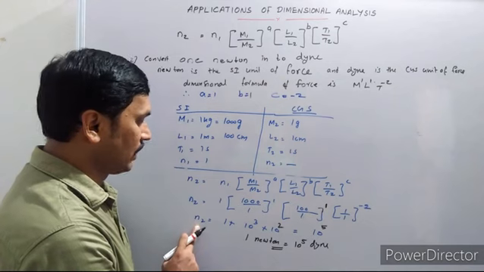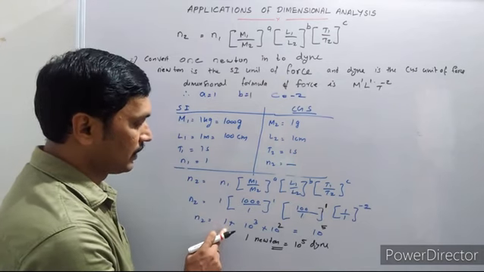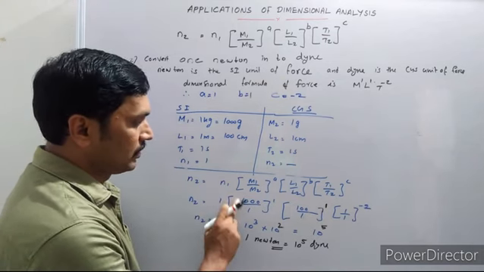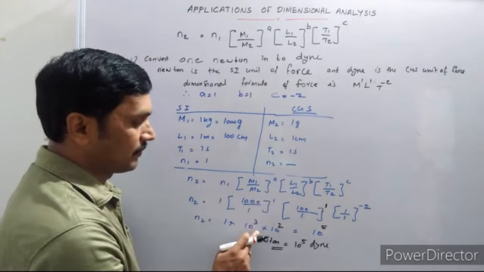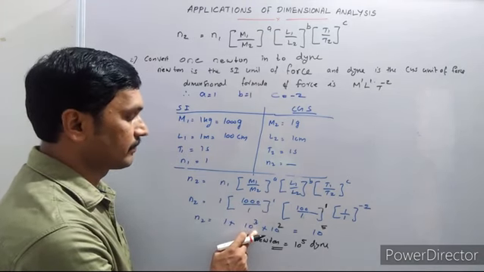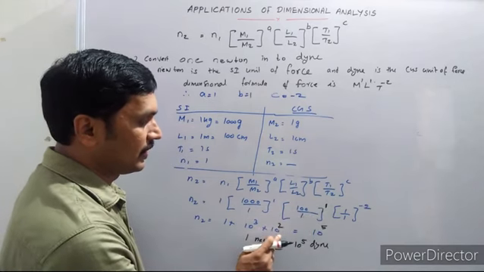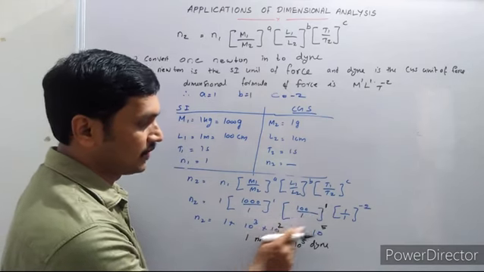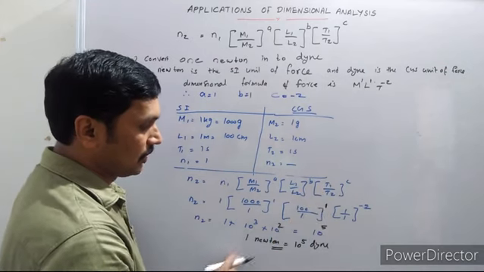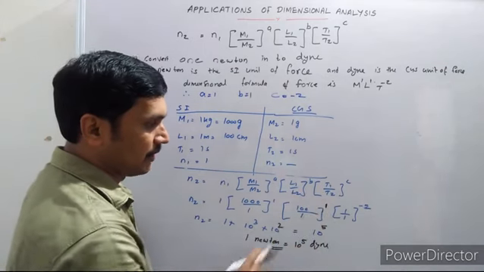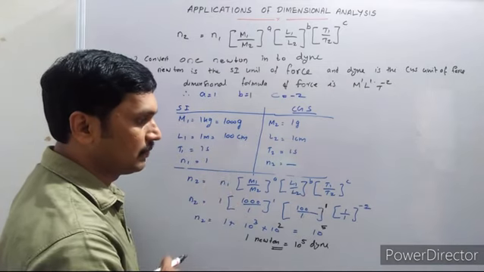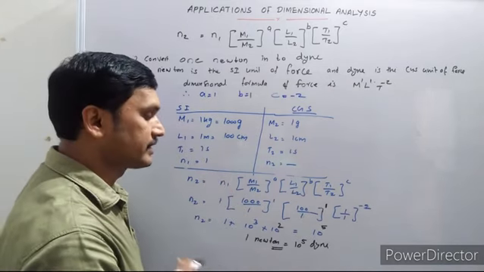Now N2 is equal to N1, and N1 is equal to 1. So 1 into 1000 raised to 1, and 1000 can be written as 10 raised to 3, into (100 by 1) whole raised to 1. 100 can be written as 10 raised to 2. Now (1 by 1) whole raised to minus 2: 1 by 1 is 1, and 1 raised to minus 2 is 1 itself.